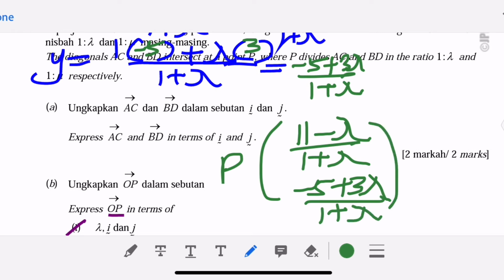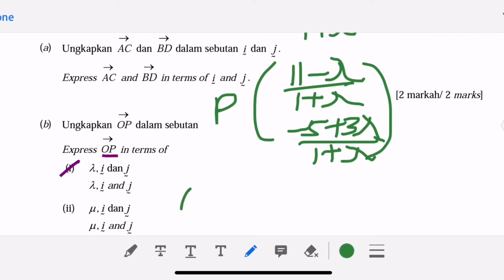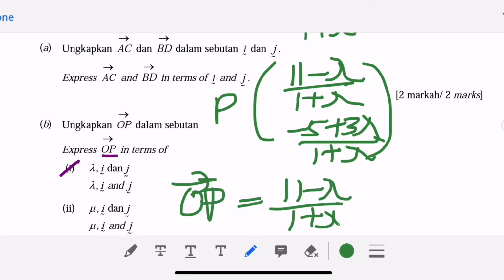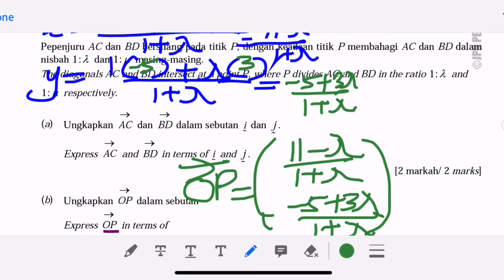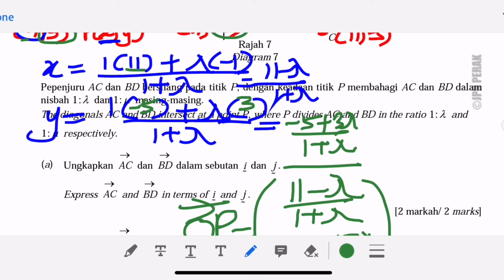If the question asks for vector OP, we write 11 minus lambda over 1 plus lambda i, plus, make sure you put brackets here, negative 5 plus 3 lambda over 1 plus lambda j. That is how we write it in unit vector form when we have the vector in column form, or you can say the coordinates. These are the x and y for the point P.